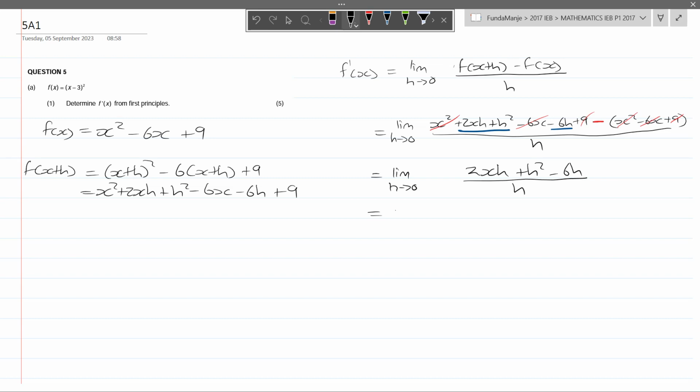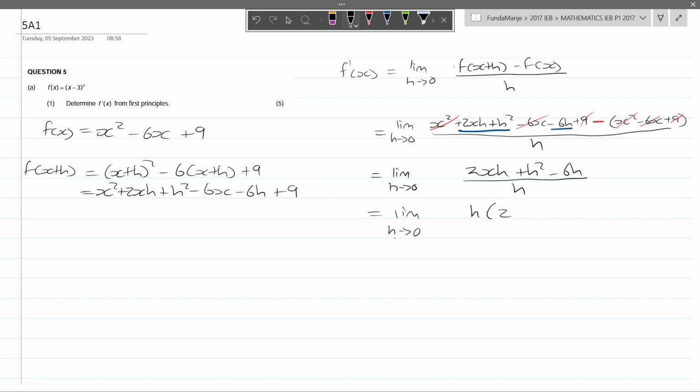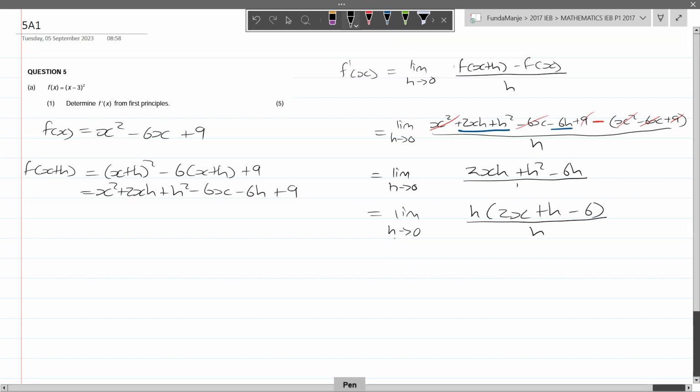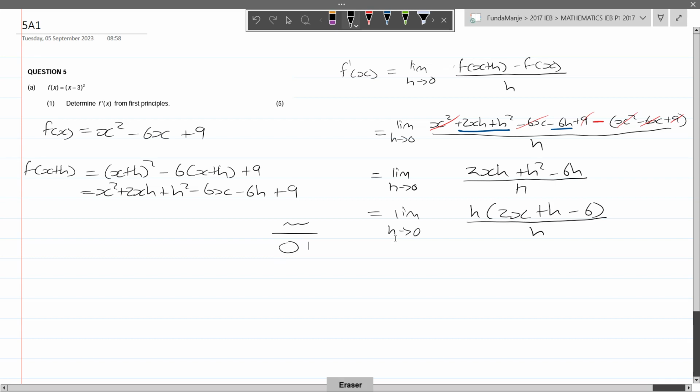And then in order for us to make the substitution for h, we need to get rid of that fraction. So how do we do that? We take h out to be left with 2x plus h minus 6, all over h. The reason we want to take this h at the bottom out is because if we take h as it tends to 0, it will become undefined, because we cannot have something over 0.